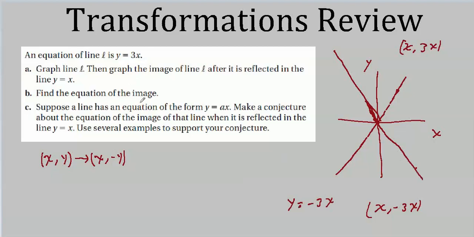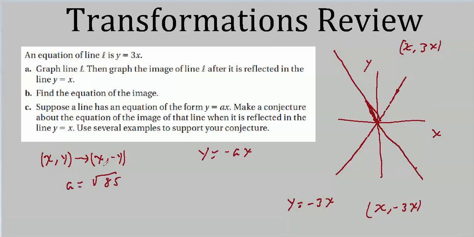Well, make a conjecture about the equation of the image of that line when it's reflected, and I think I just did that. I just showed you that if you write it this way, x, and then whatever y is under this equation, in this case it's 3x, produce the reflection, which means y becomes minus 3x, or y equals minus 3x, and it's actually always going to be y equals minus ax. They want examples. I don't really understand why. Let's suppose a equals the square root of 85.